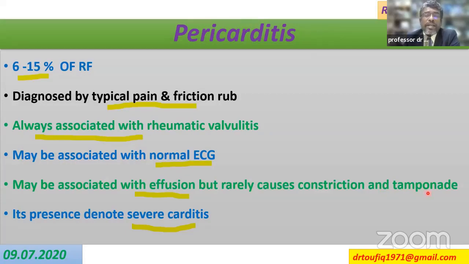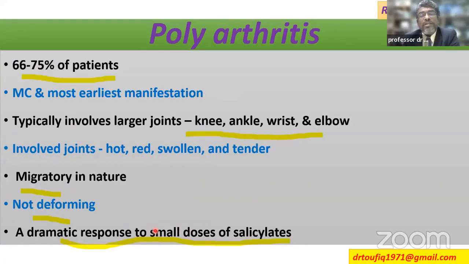Pericarditis may produce some pericardial effusion, but usually constriction and tamponade do not happen. This is a rare possibility if a patient has pericarditis due to rheumatic fever. It denotes severe carditis also.